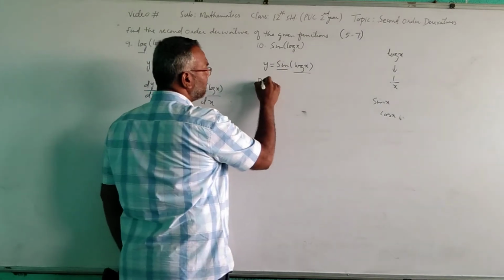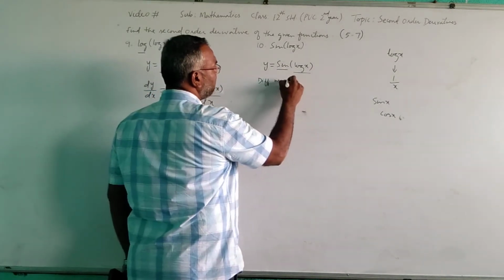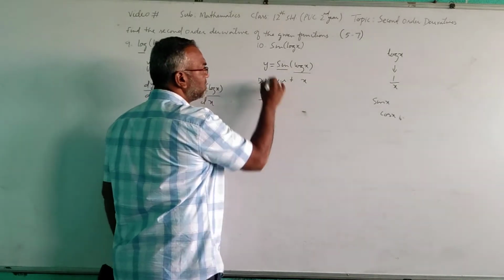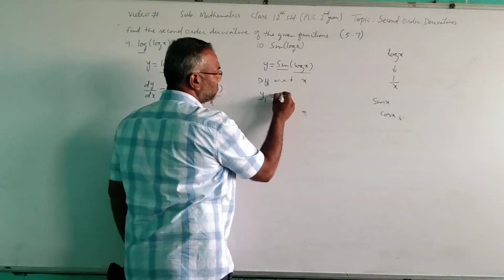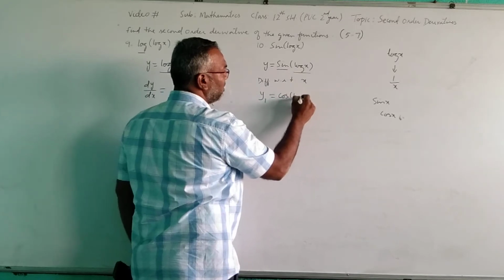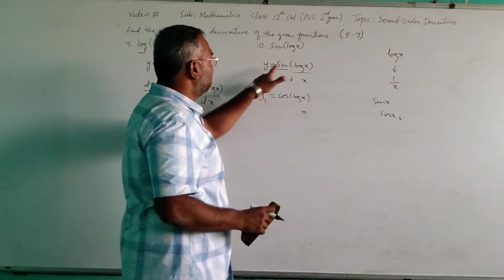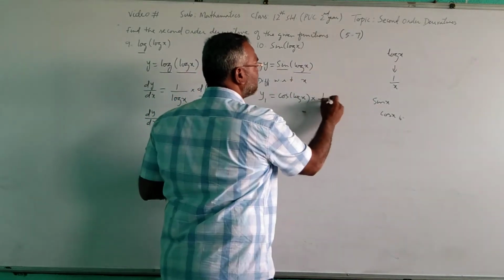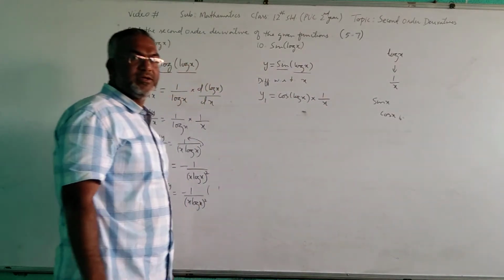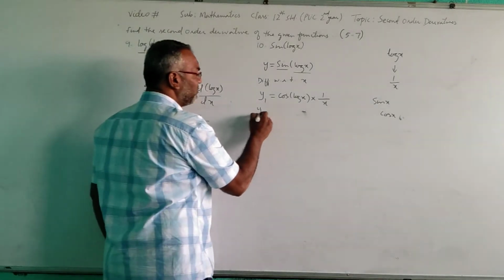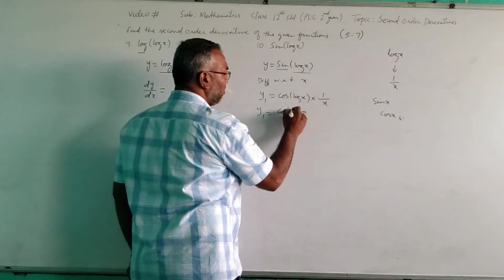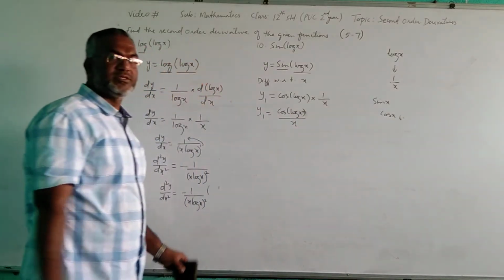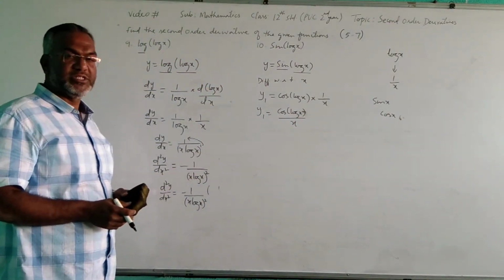So differentiate with respect to x, y1 is equal to sine of log x will become cos of log x. Differentiation of sine x is cos x into differentiation of log x is 1 by x. So we have y1 as cos of log x divided by x. This is the first order derivative.